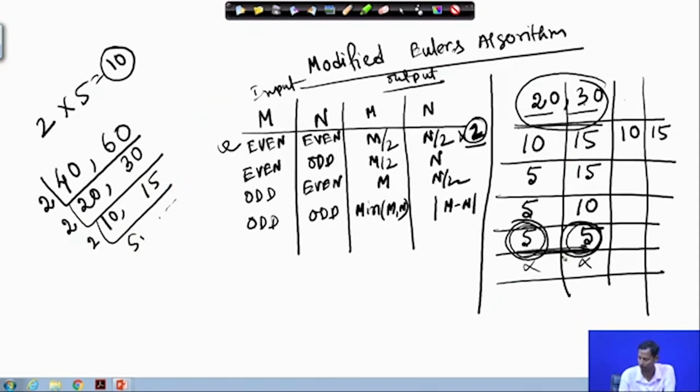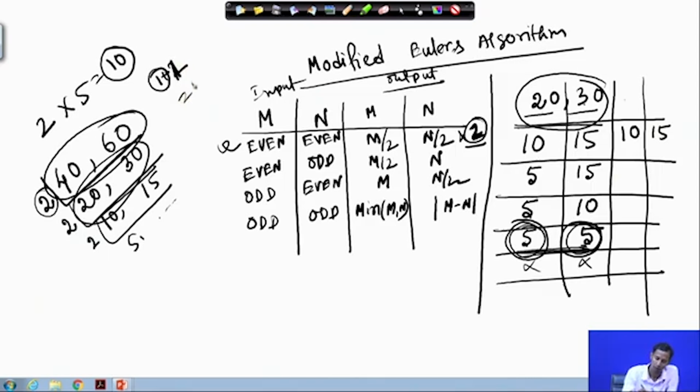For 20 and 30, I am finding both are even, which is already stored one time. Again I am finding both are even, so now it will be 1 plus 1, that means 2. So 2 squared into 5, that is 20, is the greatest common divisor among these two. If you see 40 and 60, the common divisor among them is 20.